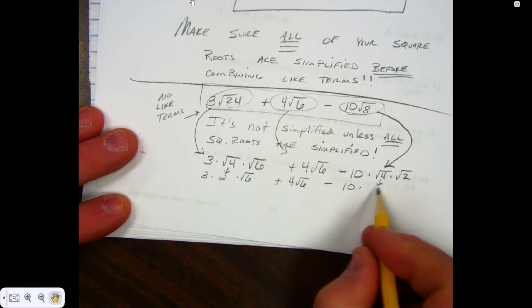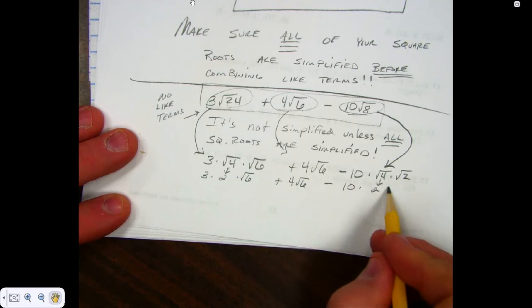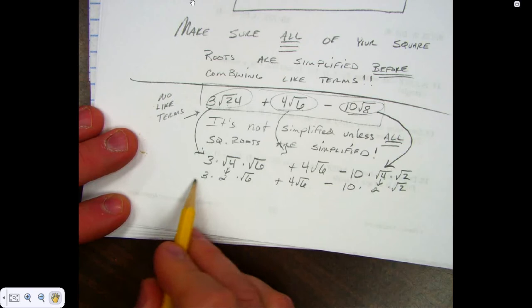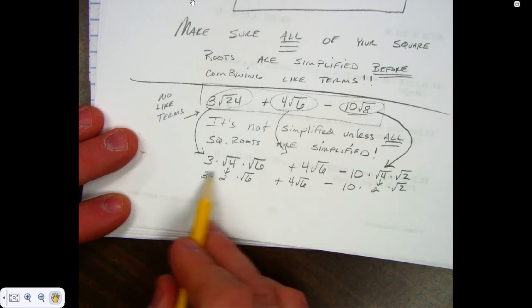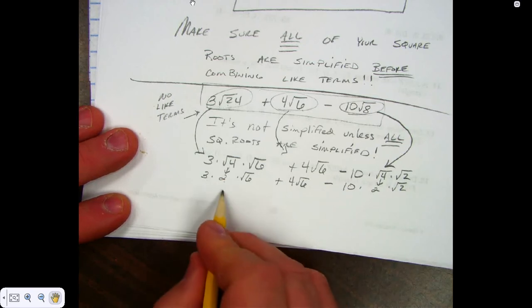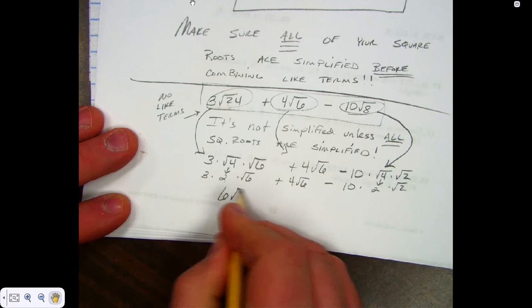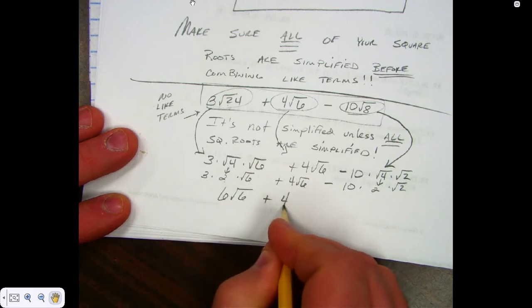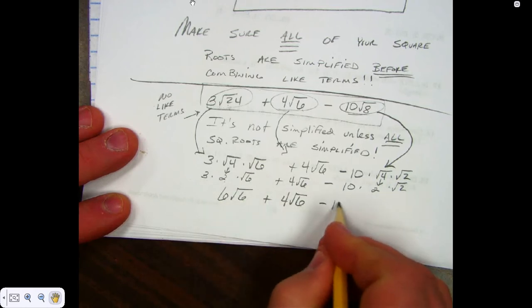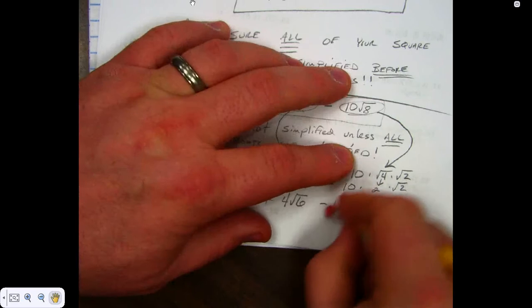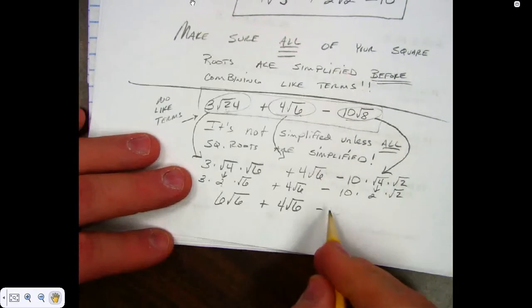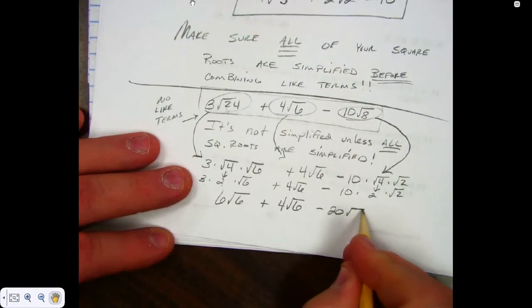What does this become? 2 times square root of 2. So as a result, when I simplify this out, what is 3 times 2? So I'm left with 6 square roots of 6 plus 4 square roots of 6 minus 10, or no, not minus 10, what would it be? Minus 20 square roots of what?